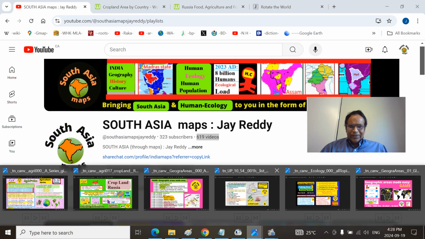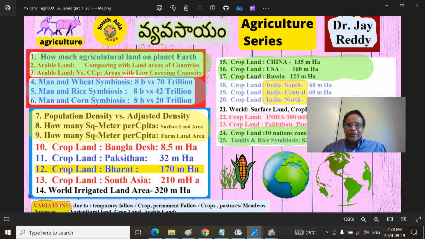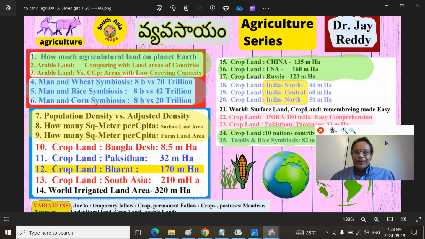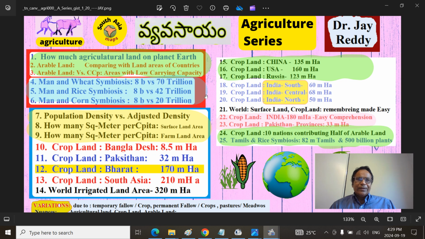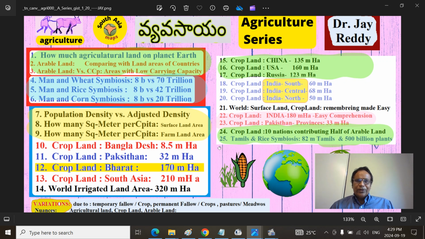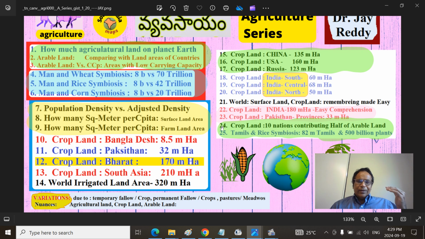This is our agriculture series. We are in part 17, the cropland in Russia. Remember, cropland, grazing land and pasture land are different. Cropland is for growing crops. Grazing land and pasture land are for raising farm animals.